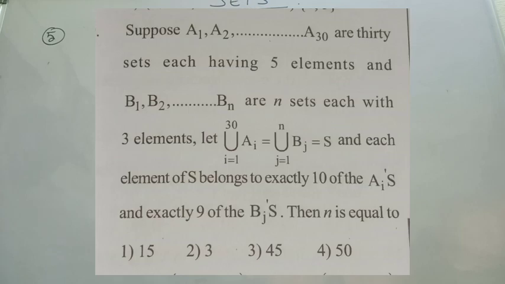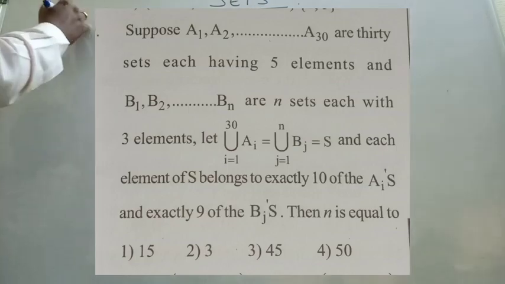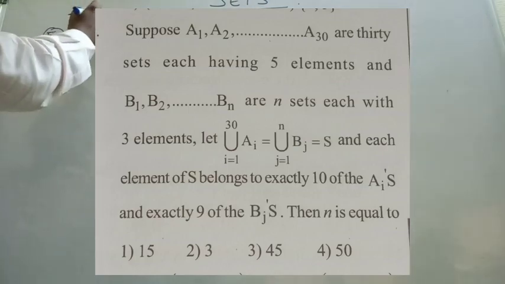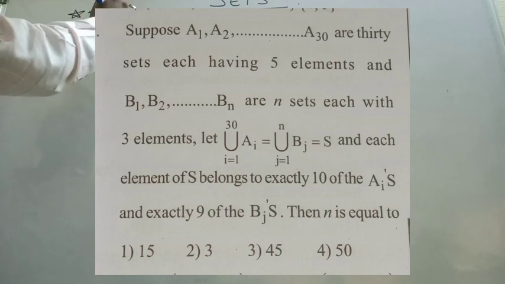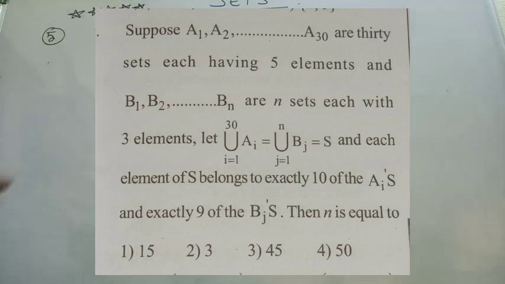Now see another very important star marked problem, my dear students. What is this? Suppose A1, A2, A3 so on up to A30 are 30 sets each having 5 elements, and B1, B2 so on up to Bn are n sets each with 3 elements.